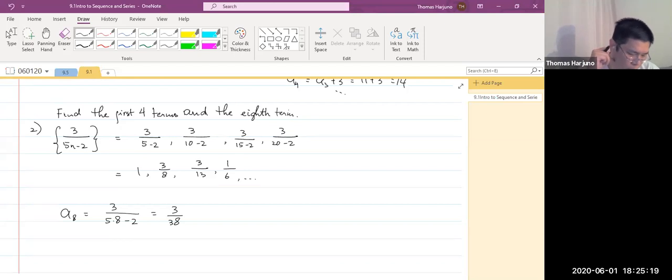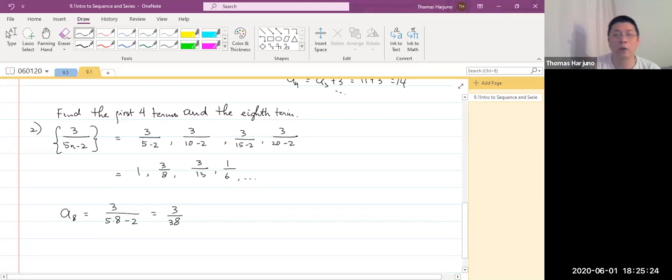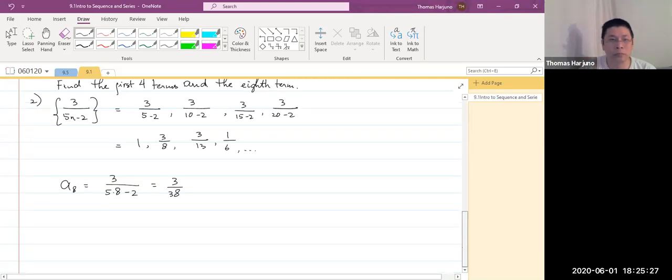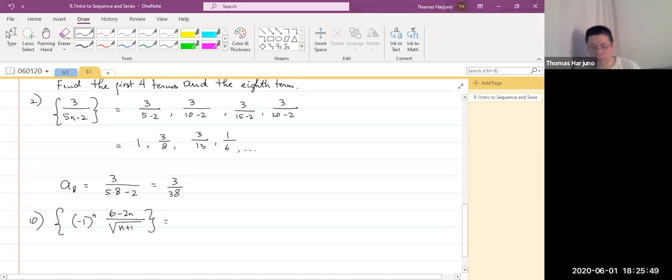Okay, I hope you find it to be simple enough. As for number 2, how about number 10? Number 10, we have this sequence, negative 1 to the n, times 6 minus 2n over square root of n plus 1. We just need the first 4 terms. Now you will see this guy here doesn't change the value except the sign, plus minus, plus minus.